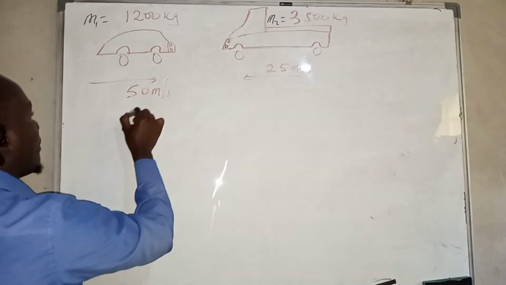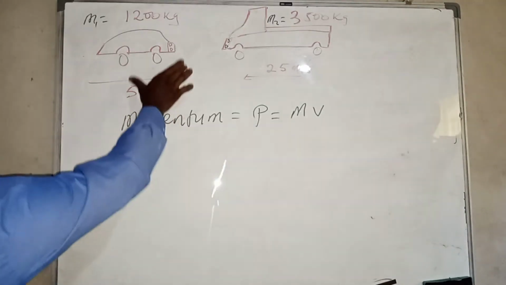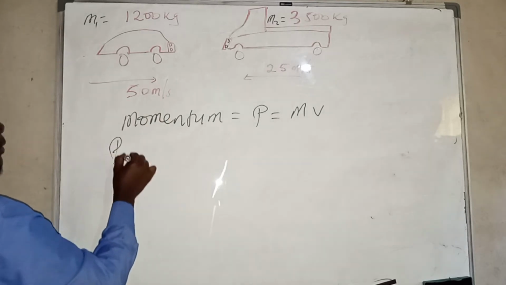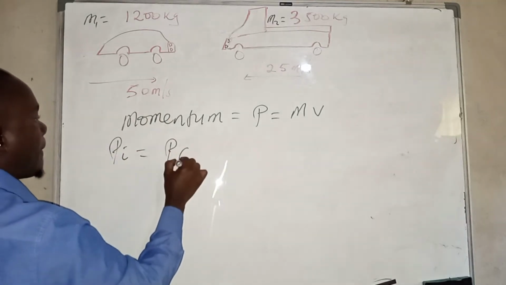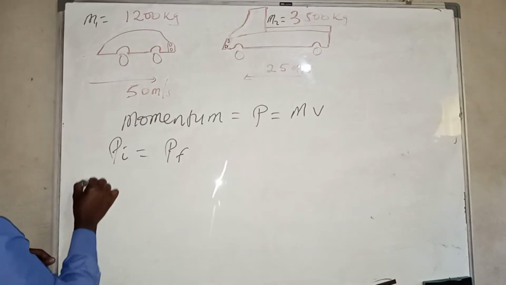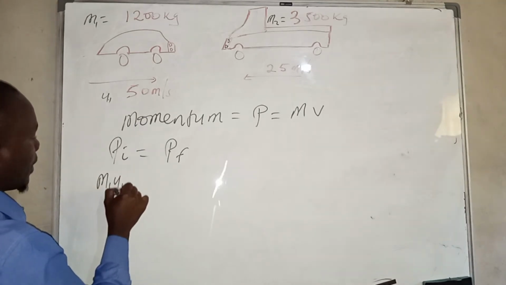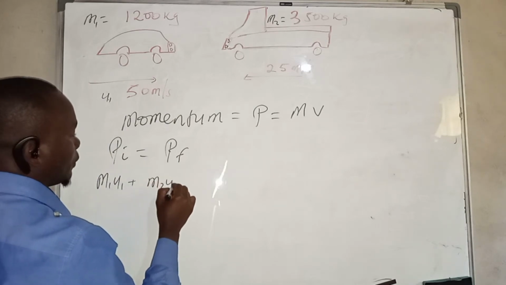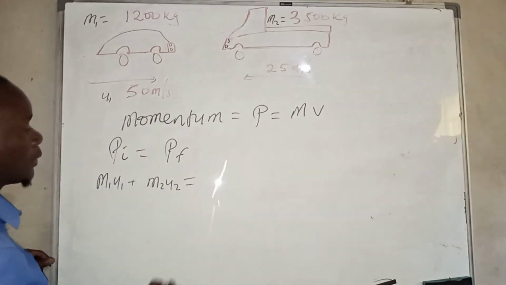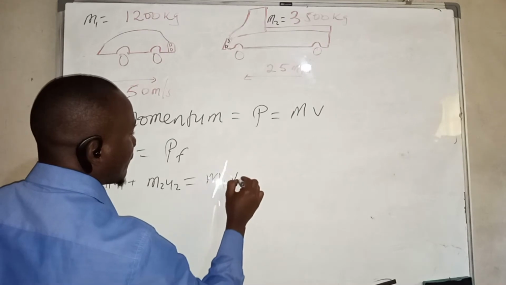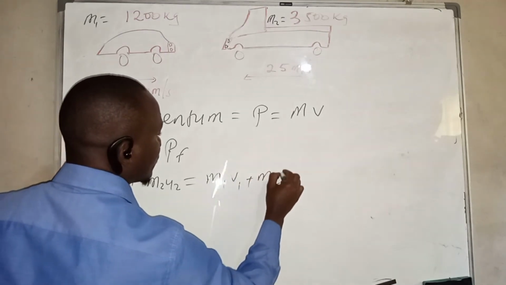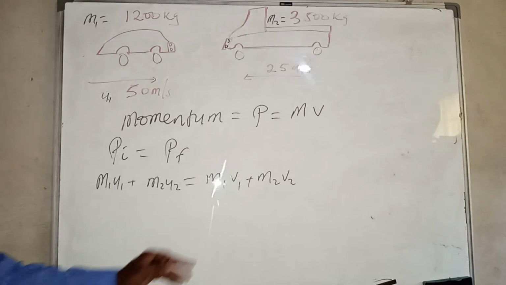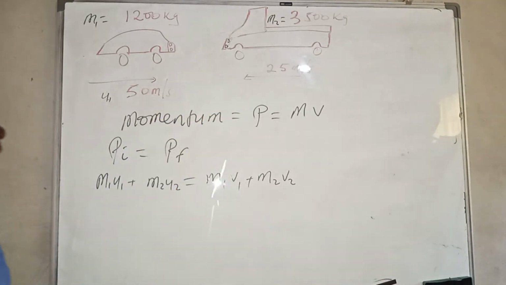So from this, let us come up with the respective equations. Initial momentum is equal to final momentum. So let us write m1 u1 plus m2 u2 must be equal to m1 v1 plus m2 v2, where v1 and v2 are the final velocities of the two cars.